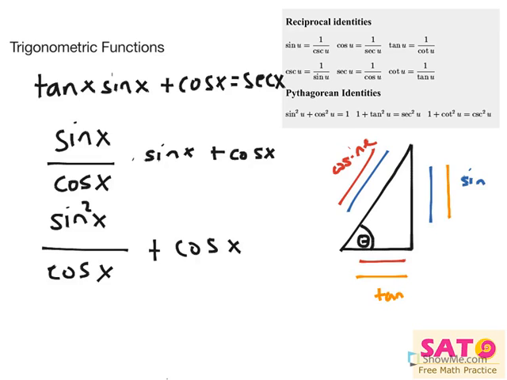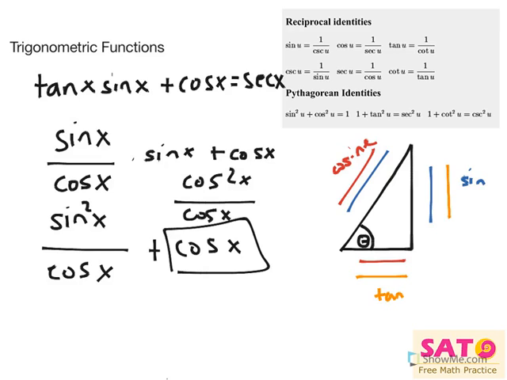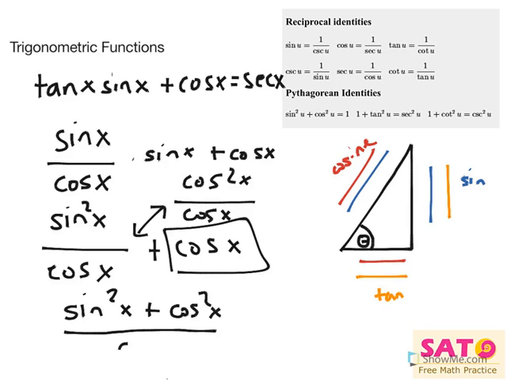And in order to get a common denominator, we can just rewrite this cosine as cosine squared x over cosine x. And that's the same thing, except we're just making the denominators the same. Now that they have the same denominator, we can combine the two and say sine squared x plus cosine squared x over cosine x.